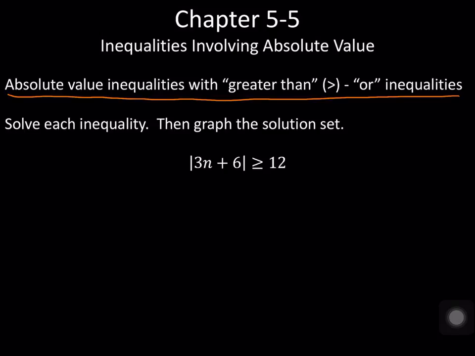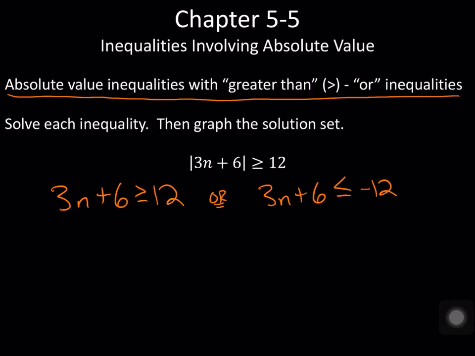Now it's absolute value, so we still have to set up the two scenarios. And so one scenario looks exactly like the problem, and the other scenario, 3n plus 6, we flip the inequality and we change the sign that's on the other side. And so now these are our two inequalities. This is our compound inequality that we're going to treat as if it's an or statement.